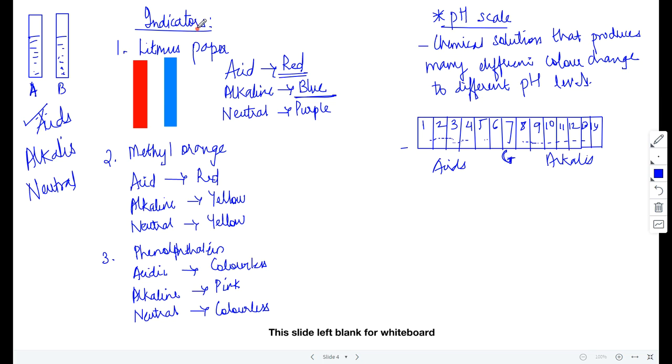So we have an indicator to tell us whether they are acids, alkalis or neutral, and we have this pH scale to find out which exact pH they belong to. Shall we move on now? Done writing? Okay.